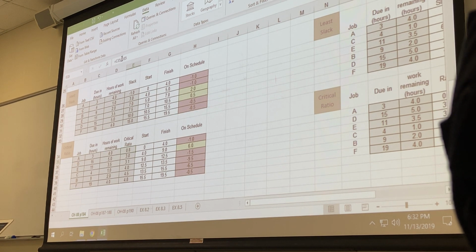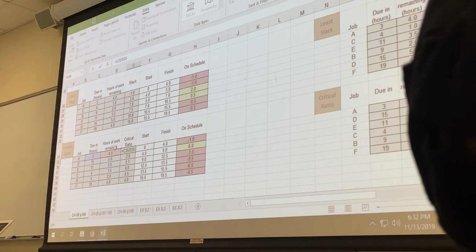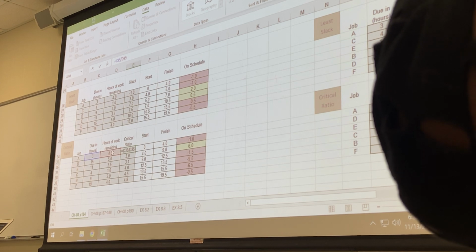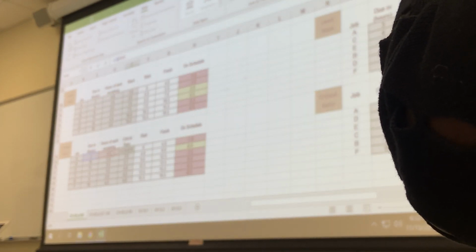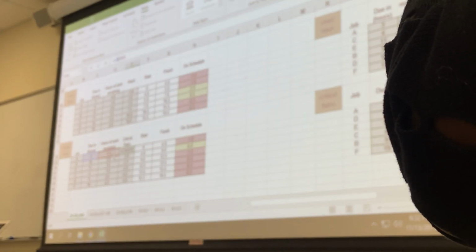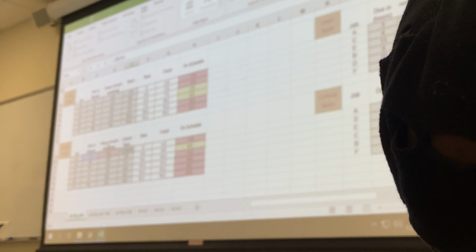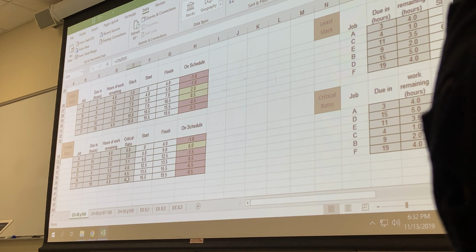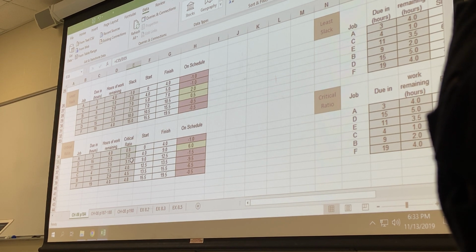The formula is to take when it is due and how much work is left. So divide the due by hours of work. So that just means that this one is similar to slack in a sense, but it's a ratio.